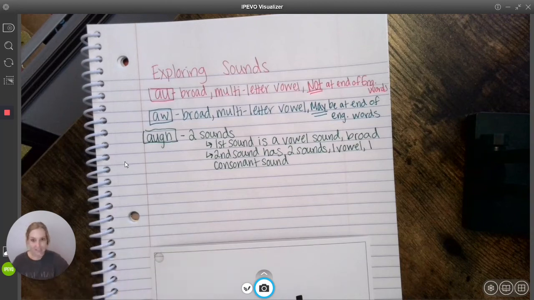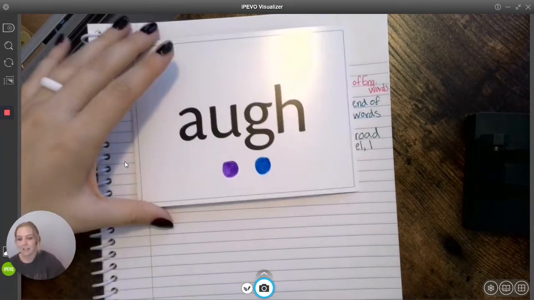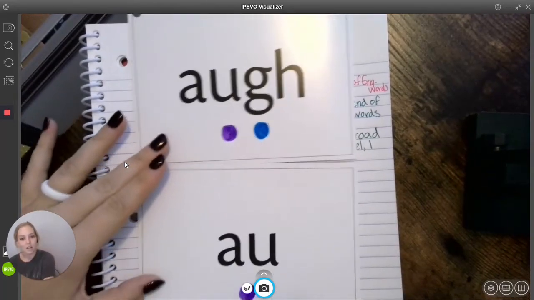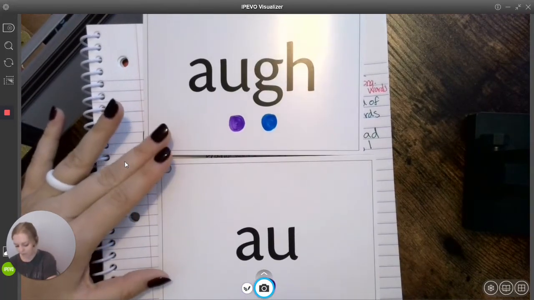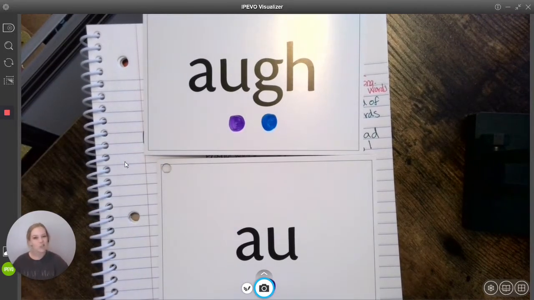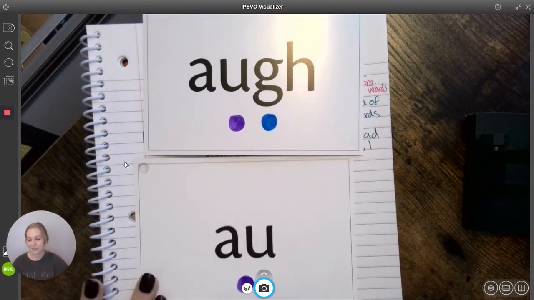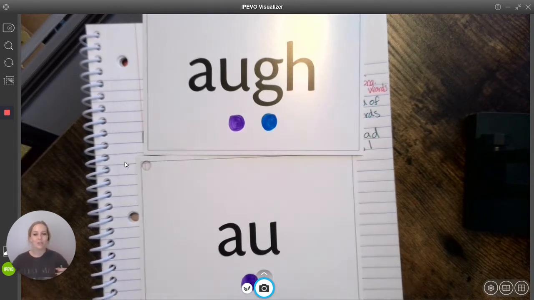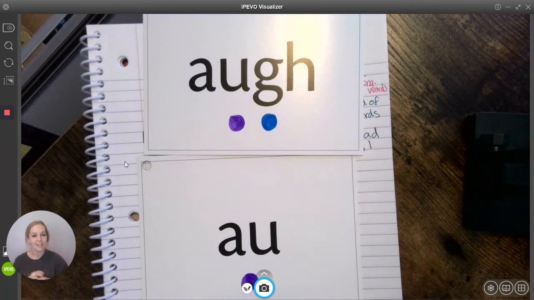All right, let's look at af and ah. So looking at these two, how are these related? What do you see? What's the same about them? Let's start with what sound they make. What sound do both of these make? They both make the ah sound. Good. What else?